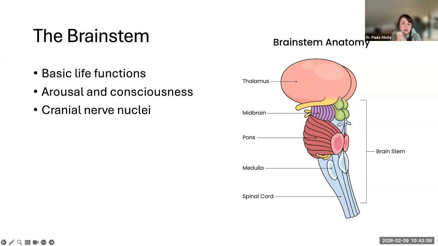And in neuropsychology and clinical neurology, brainstem integrity is therefore a very critical consideration, as impairment here can overshadow or preclude higher cognitive assessment altogether. So understanding the role of the brainstem reinforces the hierarchical organization of the nervous system, from survival to actual complex cognition.